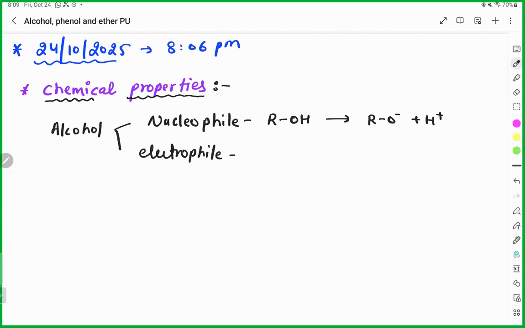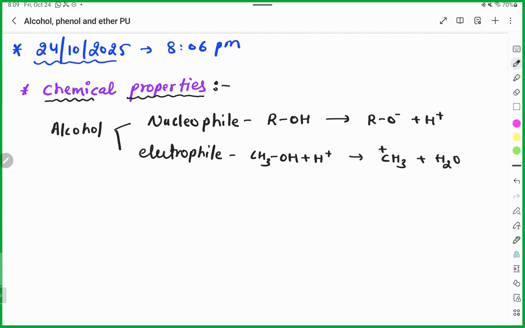Yes, sir. But when it is acting as the electrophile, what will happen? This alcohol will react with H as positive ion, and once it reacts with any positive ion, you can take any molecule. Example CH3OH. So what will happen? H2O will go out and CH3 positive will remain.